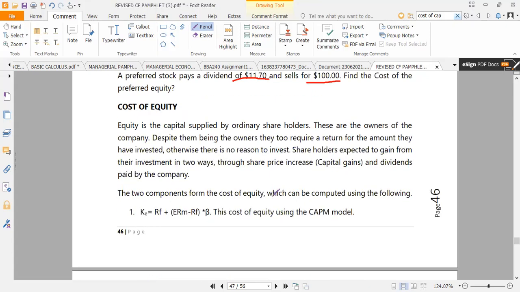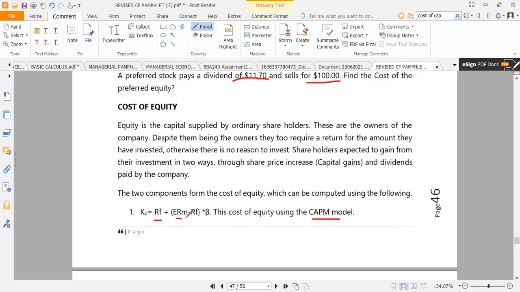So when we go to equity, equity has two ways of calculating it. There's what we call the CAPM model, which takes into account the risk-free rate. In Zambia or anywhere else, the treasury bills are the most risk-free assets that one can borrow.